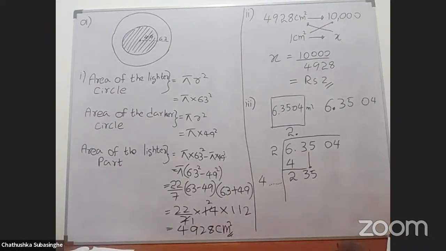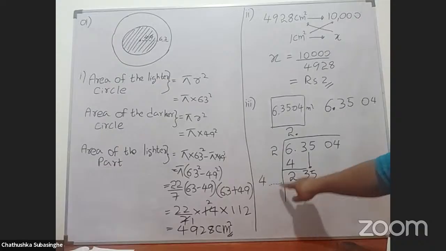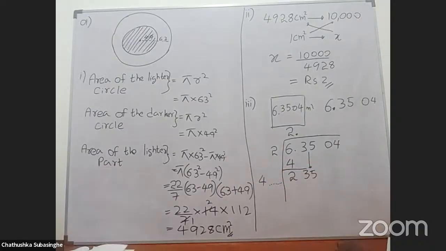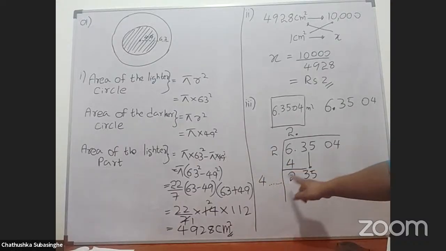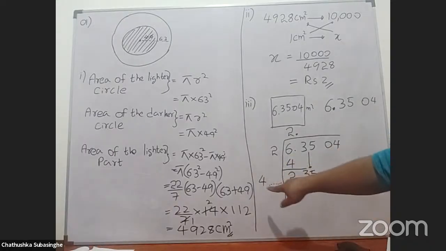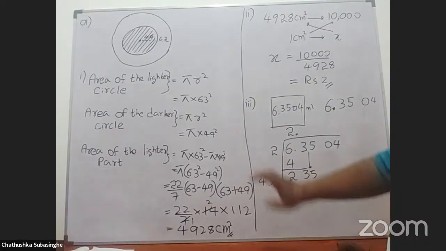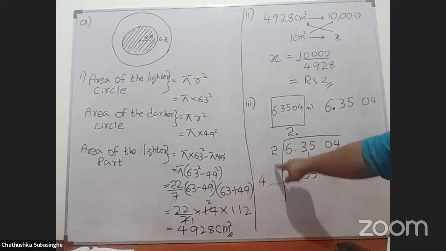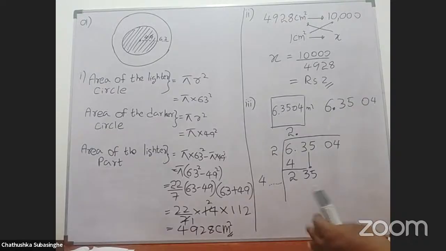I have to fill this space, and when I fill it, I have to multiply the number I get by the number I'm going to put. For example, if I put 1, I multiply 41 by 1 and check whether I get 235. If I put 2, I take 42 multiplied by 2. If I put 3, I multiply 43 by 3. It's normal division, right?